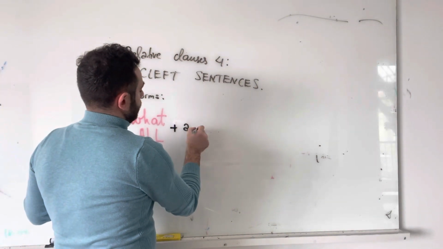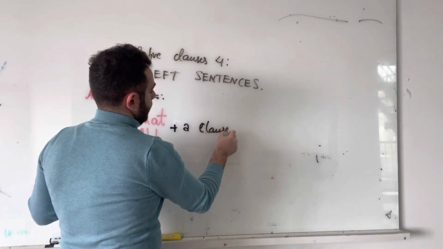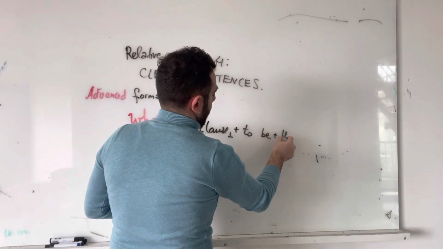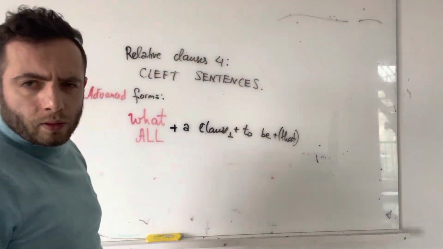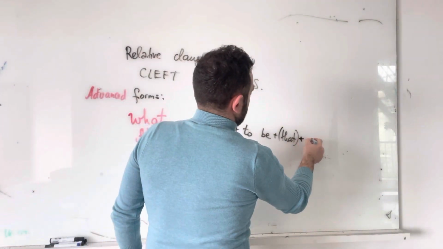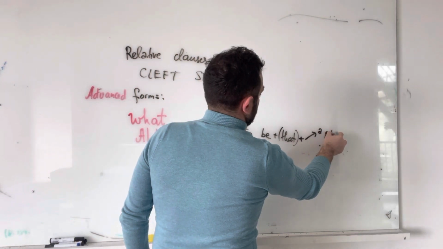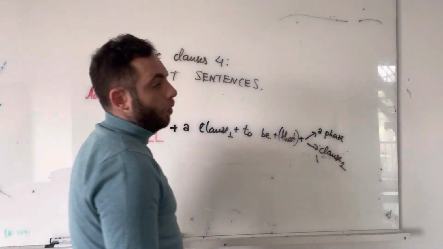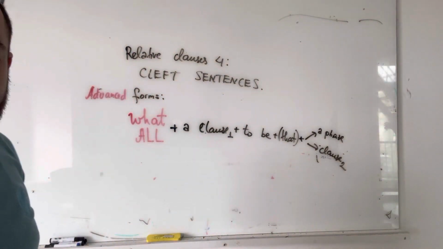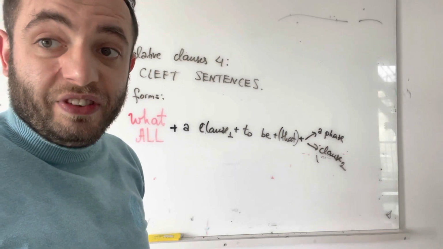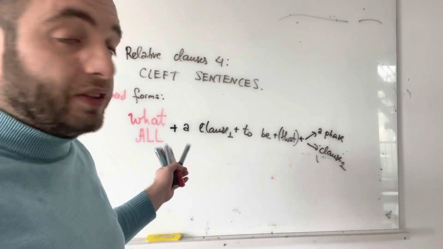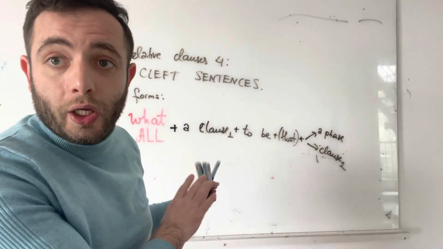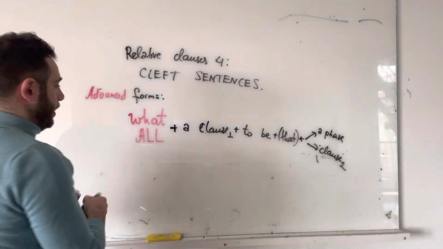What plus a clause, then to be, then that, but it's optional, as you know. Then a phrase or clause. This is a more general form of establishing the fact about the sentence structures. So this is pretty similar to what I gave before, almost the same. Let's look at an example here.